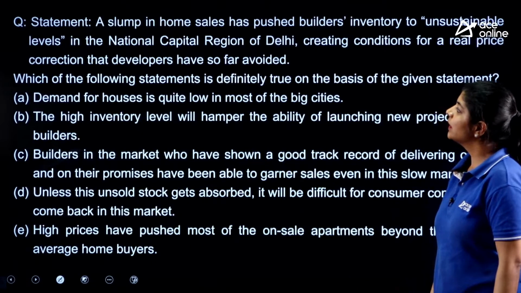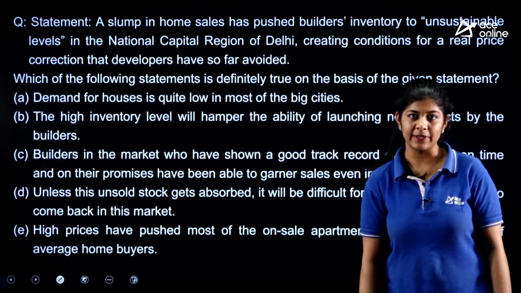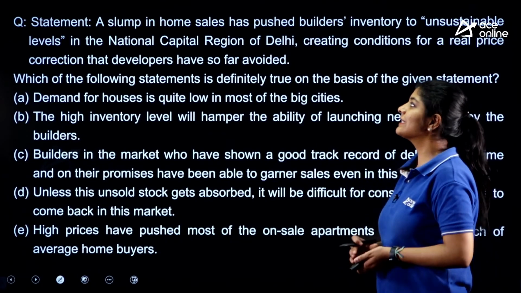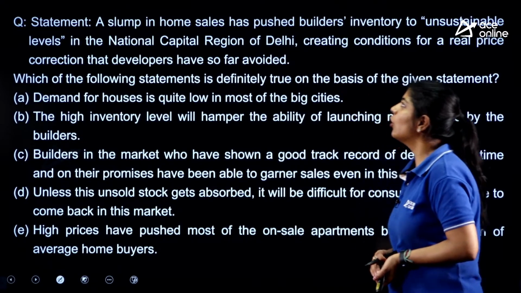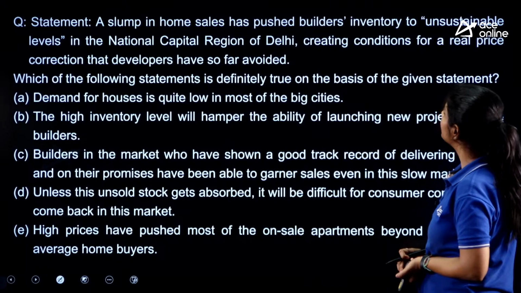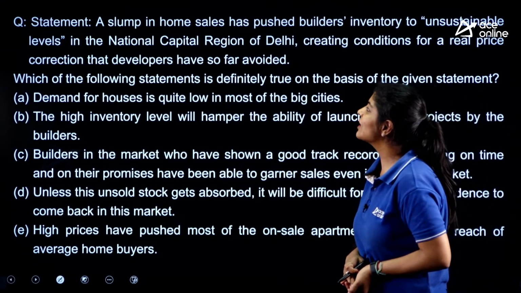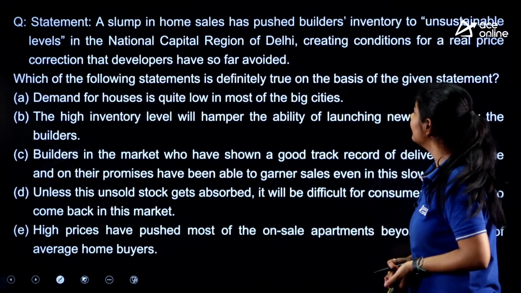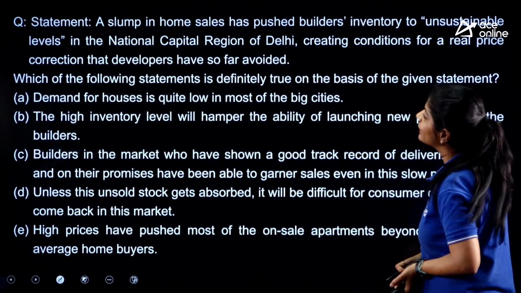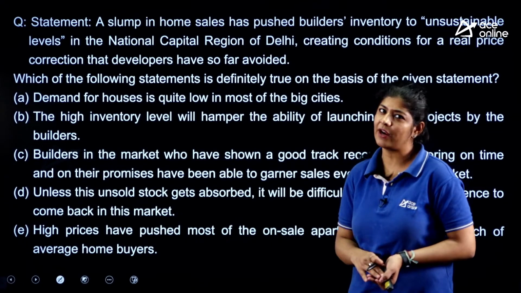Next. The next question has one statement, saying that slump in home sales has pushed builders' inventory to unsustainable levels in the National Capital Region of Delhi, creating conditions for a real price correction that developers have so far avoided.